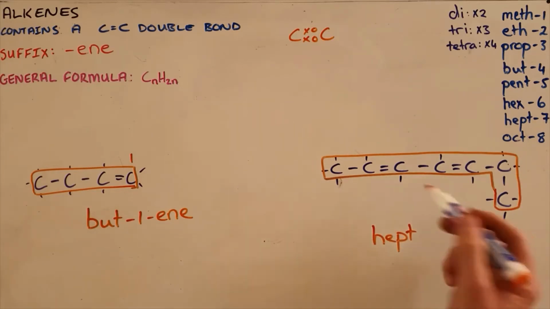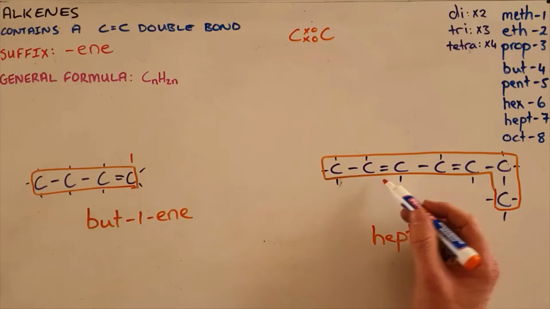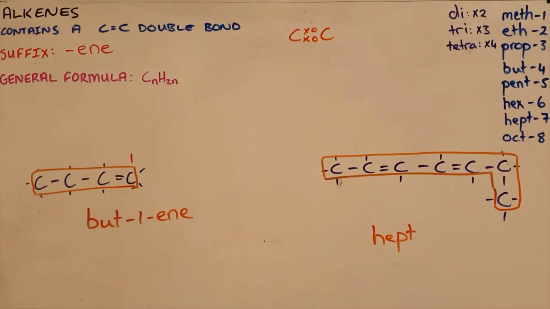We can see once again that it contains double bonds, this time 2 double bonds, and therefore gets the suffix ene, but we indicate that there are multiple functional groups with a prefix di, tri, or tetra, so this would now be diene.